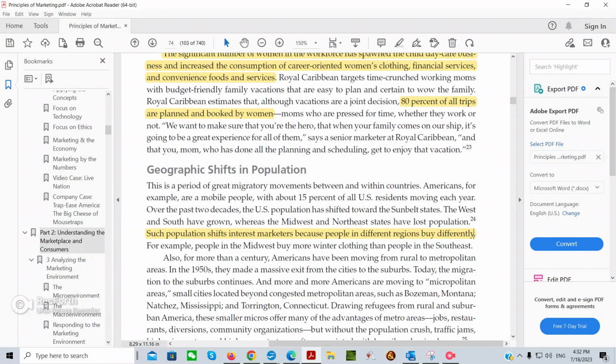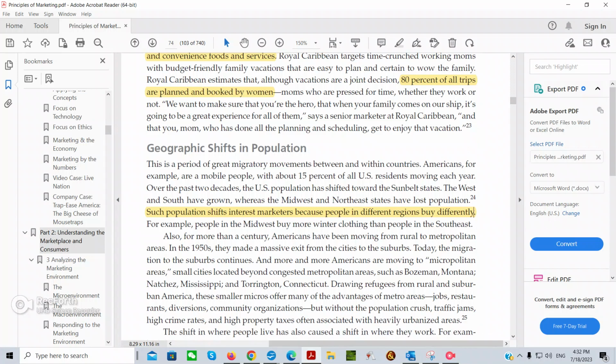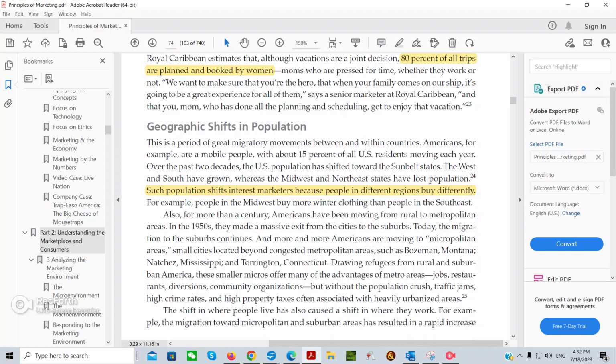Also, for more than a century, Americans have been moving from rural to metropolitan areas. In the 1950s, they made a massive exit from the cities to the suburbs. Today, the migration to the suburbs continues, and more Americans are moving to micropolitan areas, which are small cities located beyond congested metropolitan areas, such as Bozeman, Montana, Natchez, Mississippi, and Torrington, Connecticut.